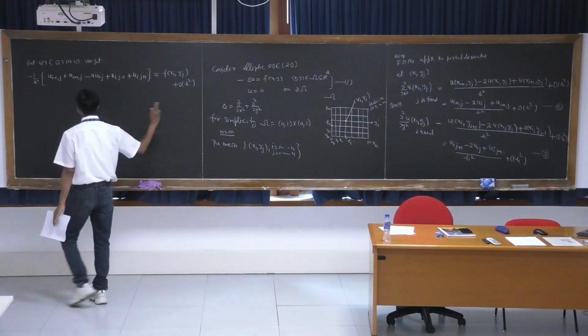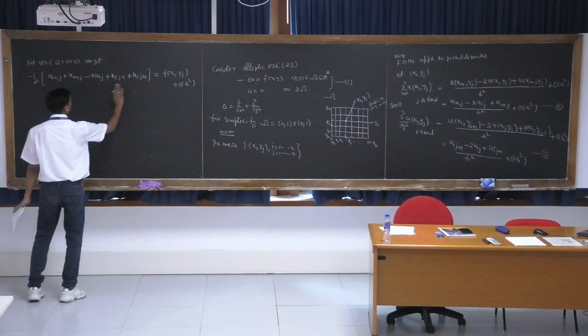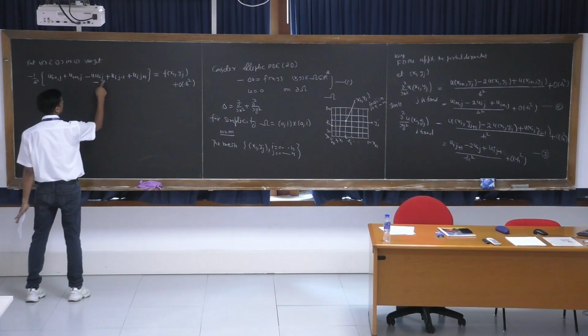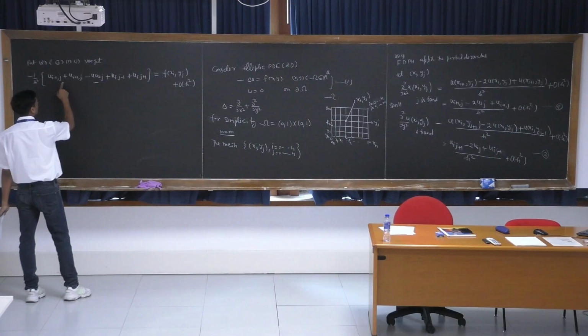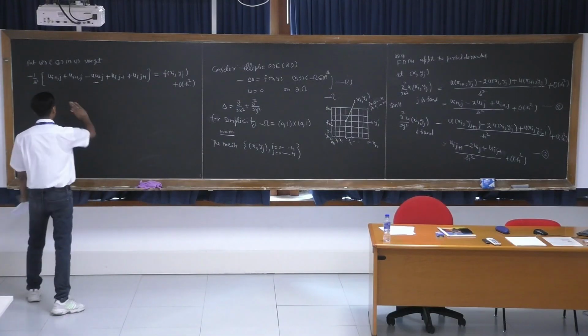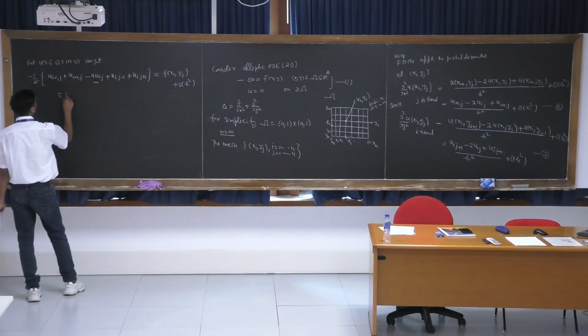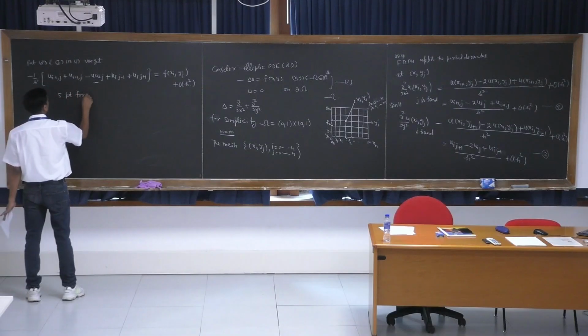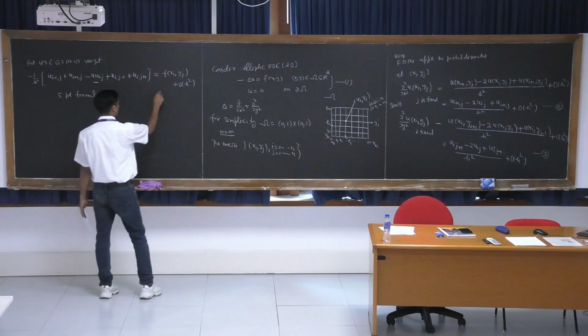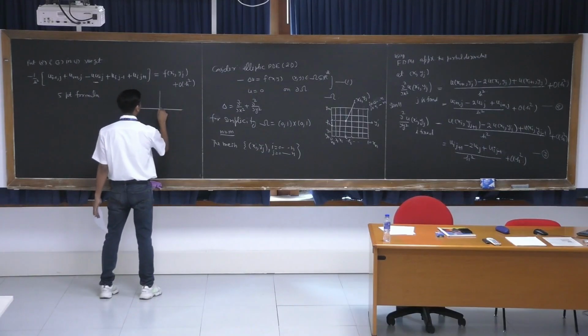Without explaining further, there are 5 points: xi, yj, xi minus 1, j, xi plus 1, j, xi, j minus 1 and j plus 1. Sometimes this is called the 5-point formula. How does this work? It will work like this.